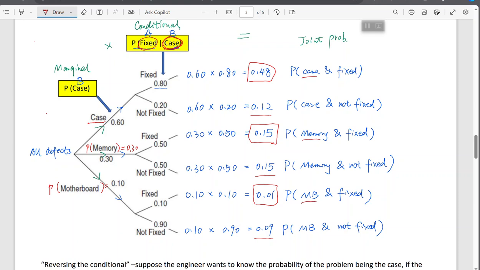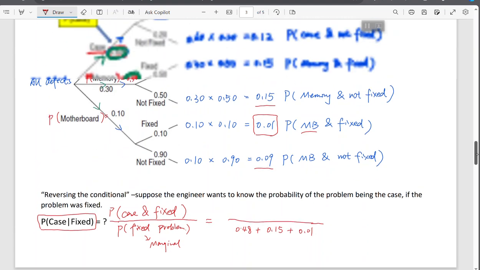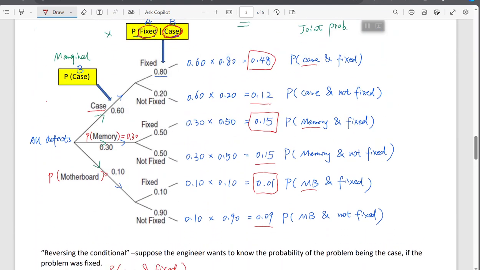I care about all of them as long as they are fixed. So what is the probability of getting fixed? It is just the summation of these 3 cases: 0.48 plus 0.15 plus 0.01. These are all the fixed defects.